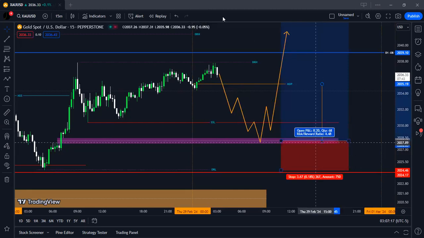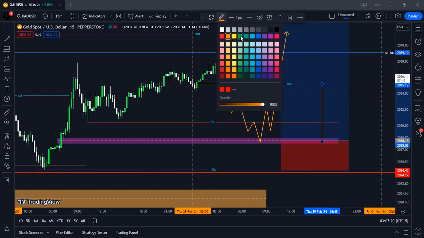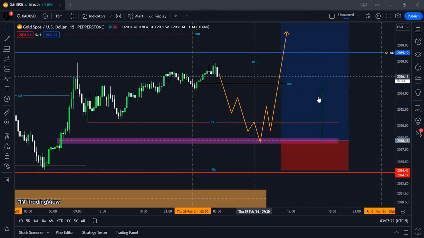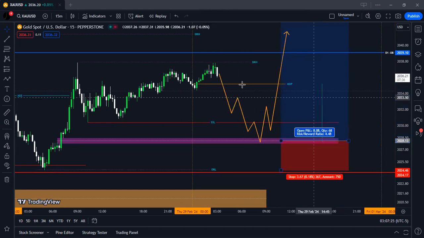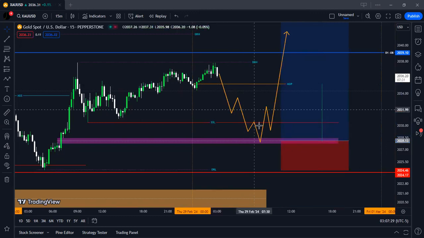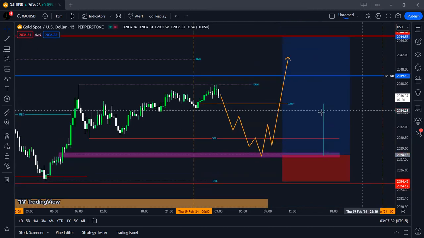Let's make it green for a bullish candle. So this is that wick, the low of the day wick, because it's below the opening price. Above the opening price, we will have the body of that daily candle.